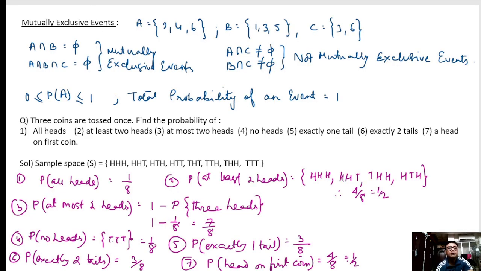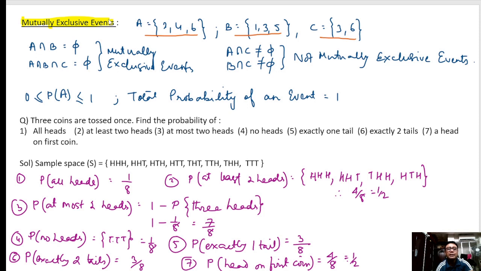Now, first of all, please understand there are two things. One is mutually exclusive events. What are mutually exclusive events? Mutually exclusive events means that between two sets or three sets you don't have anything common.